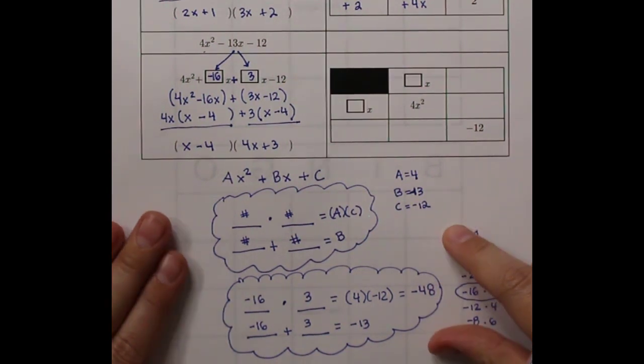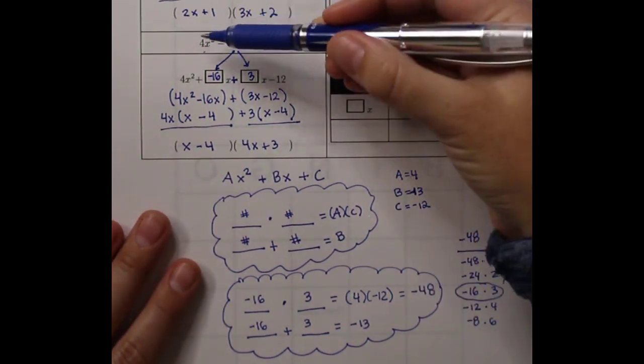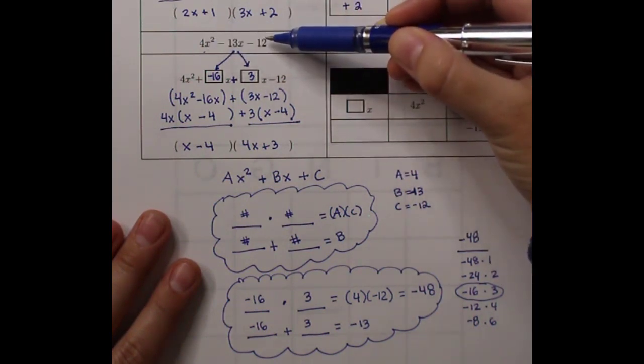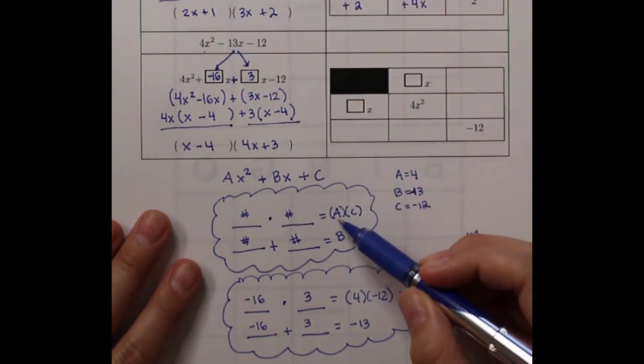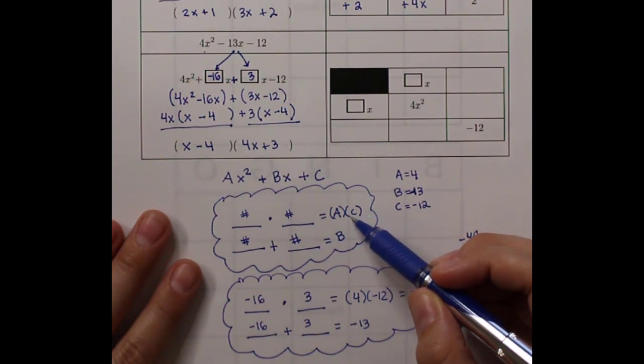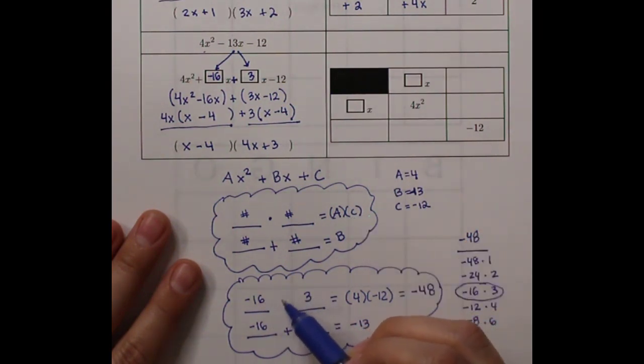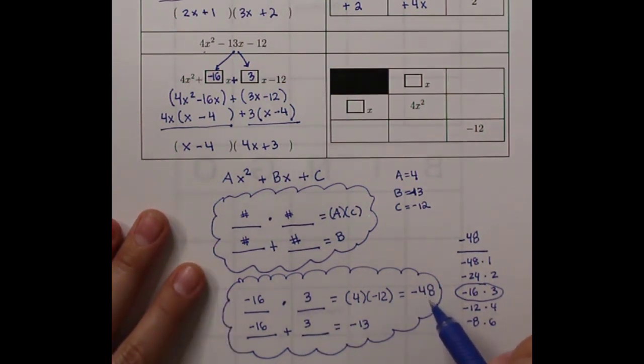So this is called the AC method. And you always do this where you have the number in the front is A, the number in the back is C. You multiply them together. And then you ask yourself, what 2 numbers can I use to give me that product? Then once you find what you think the numbers are, I gave you a list of possible numbers, you have to answer also this question.